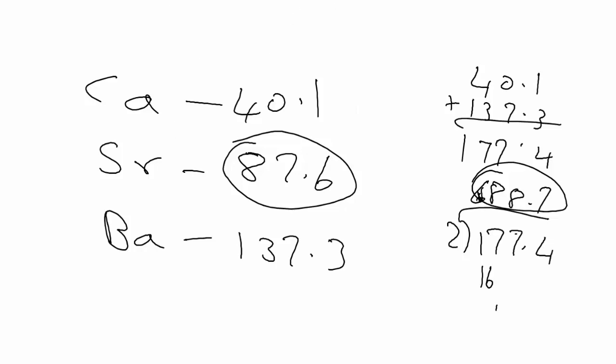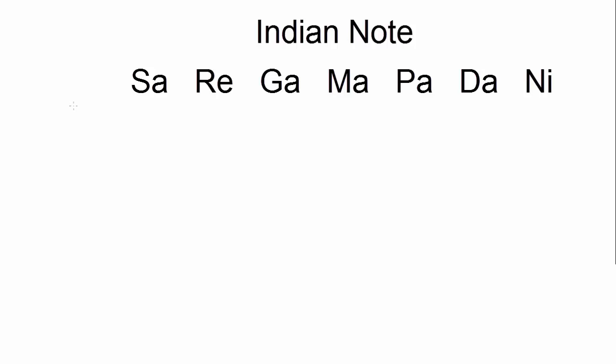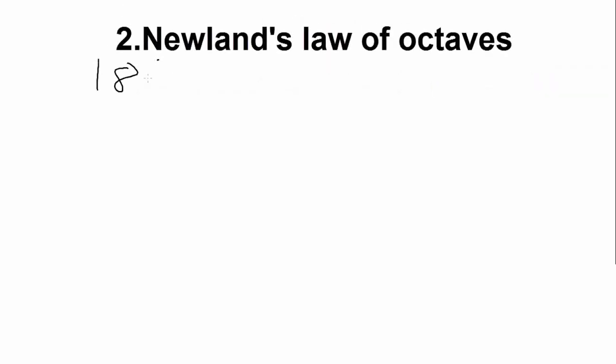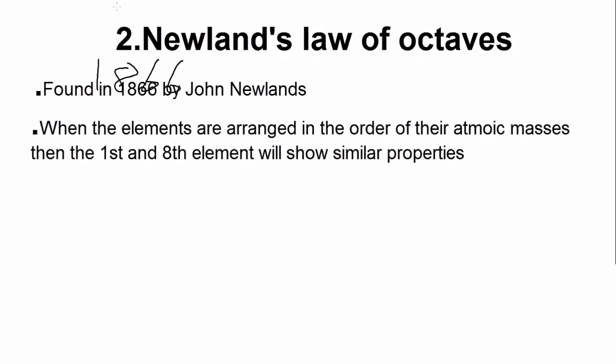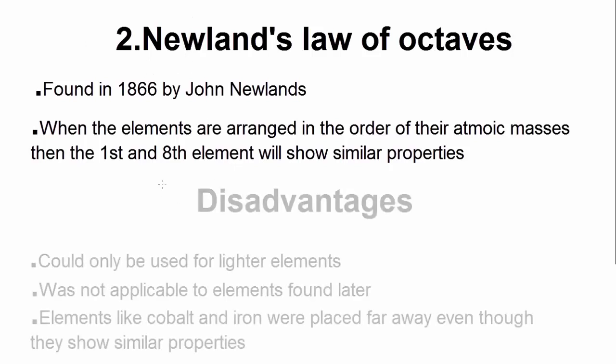Next, Newlands, he tried to classify the elements as musical notes like sa, re, ga, ma, pa, da, ni. Oh yeah, by the way, he had given the idea in 1866. However good this idea was, it still had quite a few defects. For example, it only worked for lighter elements.